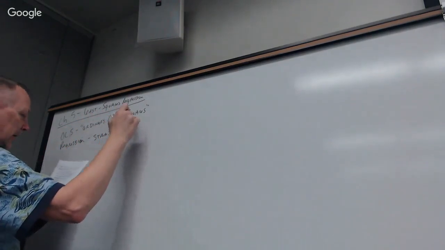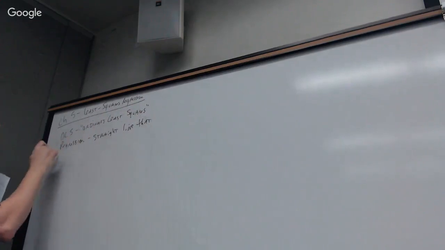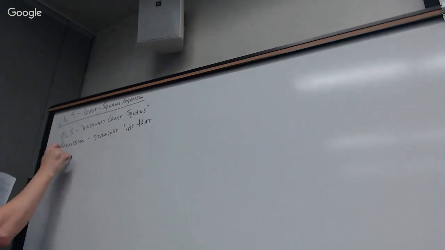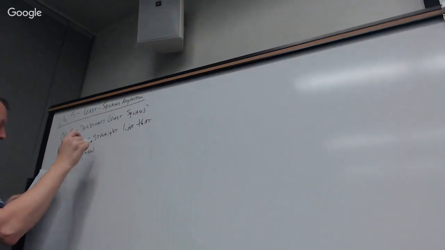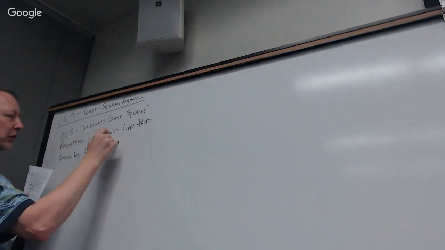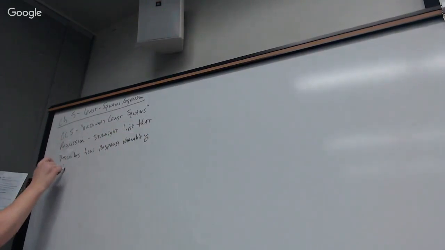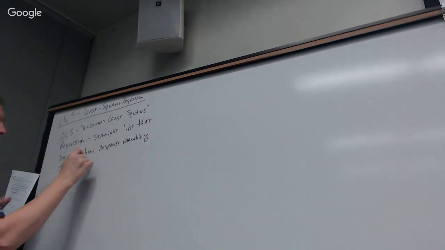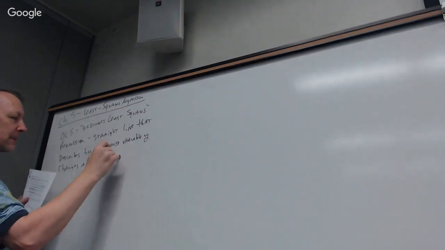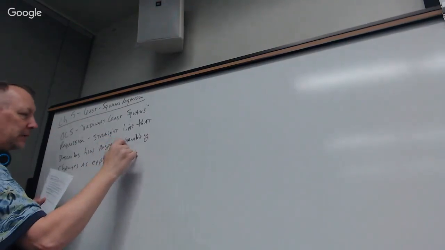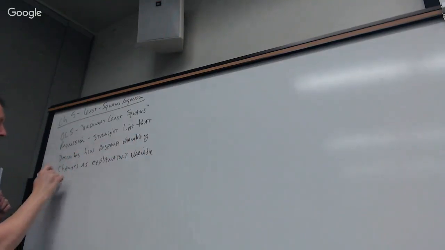A straight line that describes how the response variable y changes as the explanatory variable x changes. So we're talking about OLS regression, the only kind of regression we're going to do in our class. There are other types, but it's the only type that we're going to be concerned about.